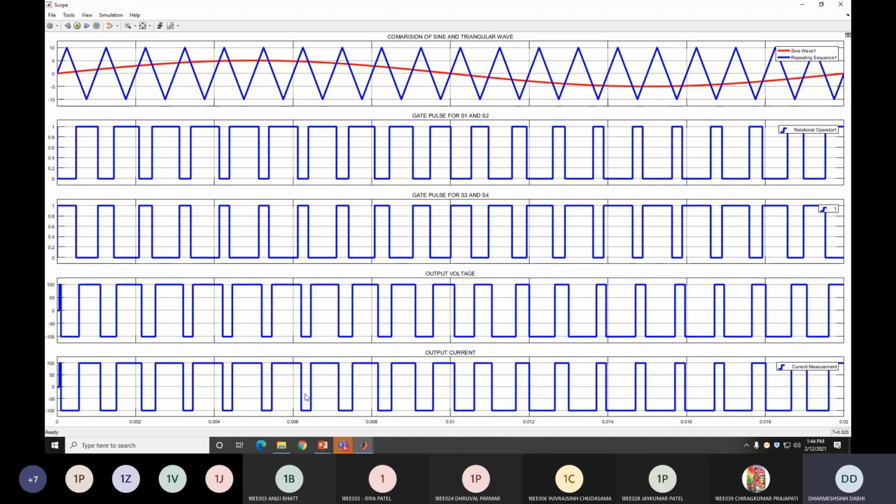Another ratio is the modulation ratio, which is the peak of the sine wave divided by the peak of the triangle wave. If the value of this modulation ratio is nearer to 1, then your output voltage is more.